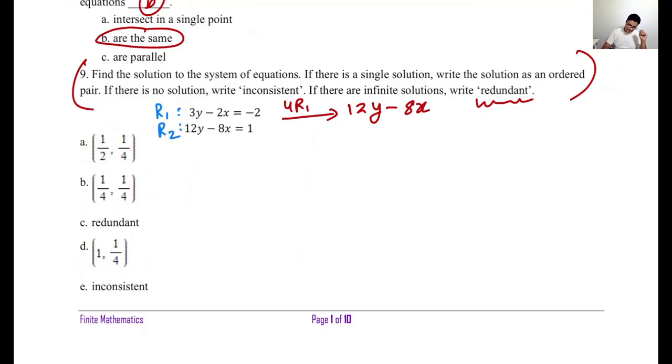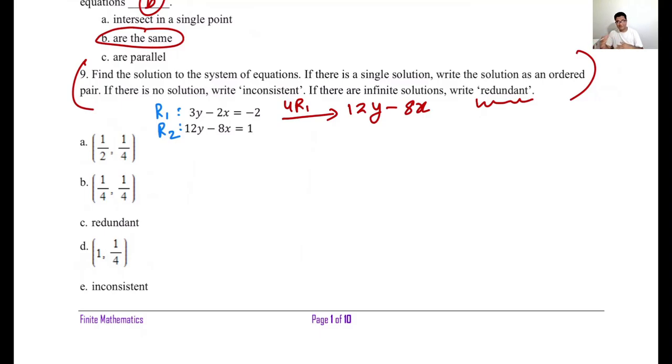But it also gives me 8x. See, when I decided on the operation, I was only looking at y. That is important. I was not looking at the entire row. I was only looking at the variable y and its coefficients. The second row has 12, the first row has 3. So I wanted to multiply the first row by 4 so that it will become 12. That's all. I didn't want to look at the x and the constant.